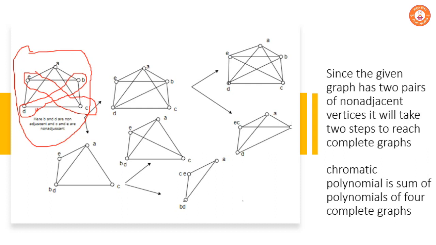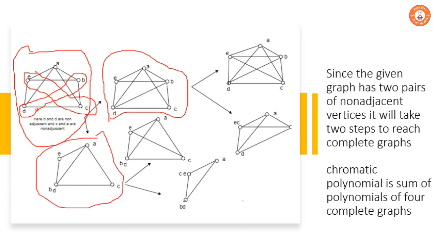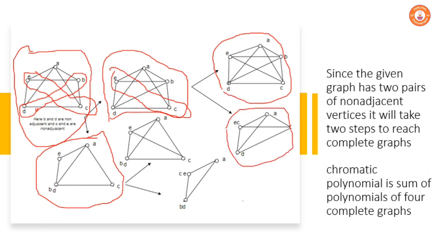In the first step, we choose B and D and construct G1 and G2. In G1, we find E and C are still non-adjacent. So we can construct two more graphs, G11 and G12. Fortunately, these two are complete graphs. We need not go further.